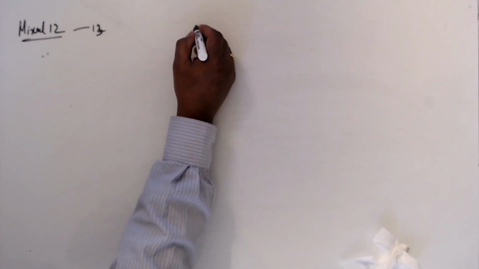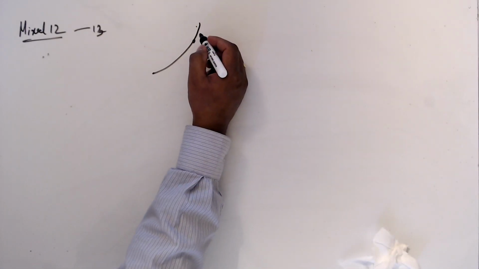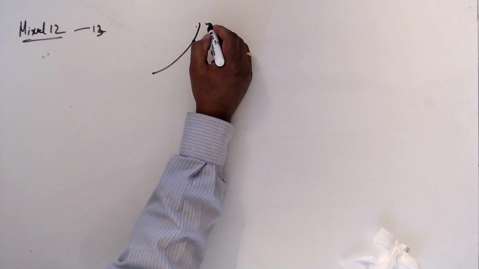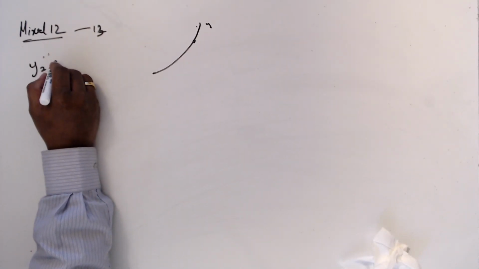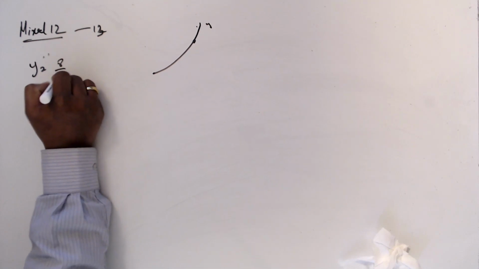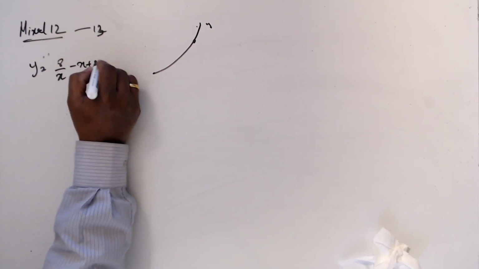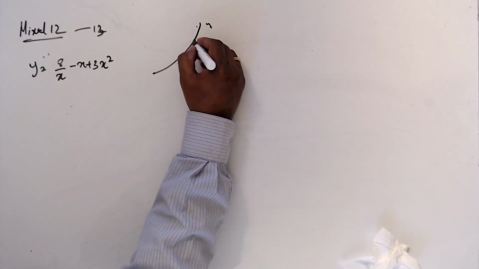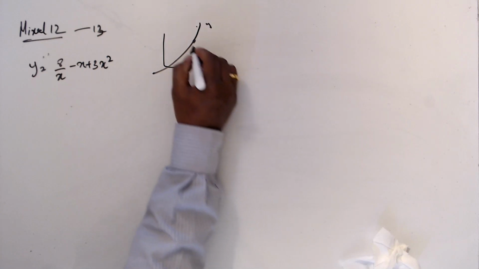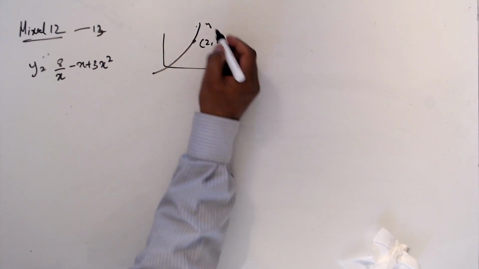Question number 13, you have a curve. This curve is y equal 8 over x minus x plus 3x square, and there is a point, x equal 2, we don't know the y value.